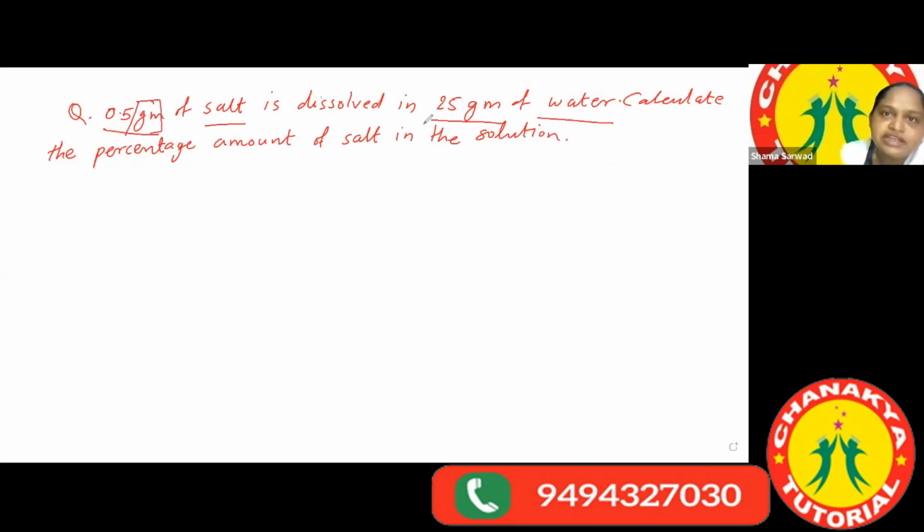You can check here, it is gram, here also gram. They ask you to calculate the percentage amount. As both are given in grams, you are going to calculate mass by mass percentage.